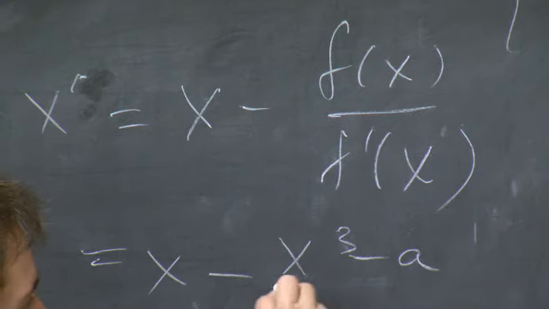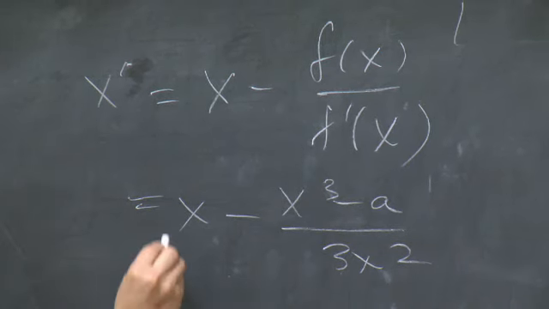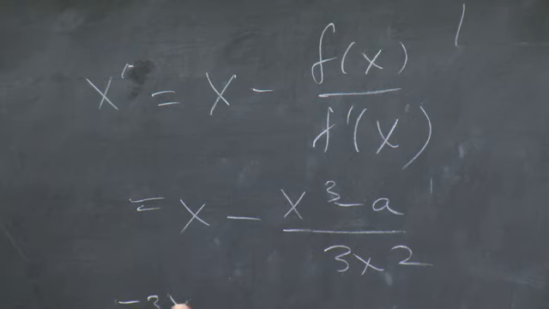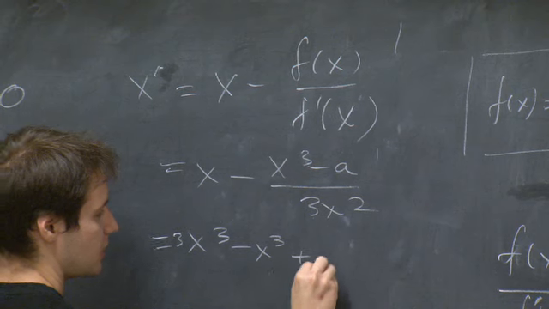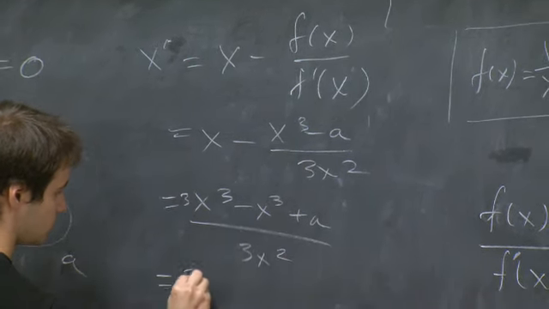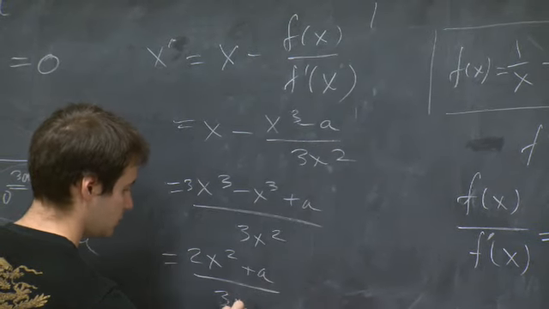X cubed minus a over 3x squared. OK, next thing, I bring this guy under the denominator. So it's 3x cubed minus x cubed plus a over 3x squared. So it's 2x cubed plus a over 3x squared.